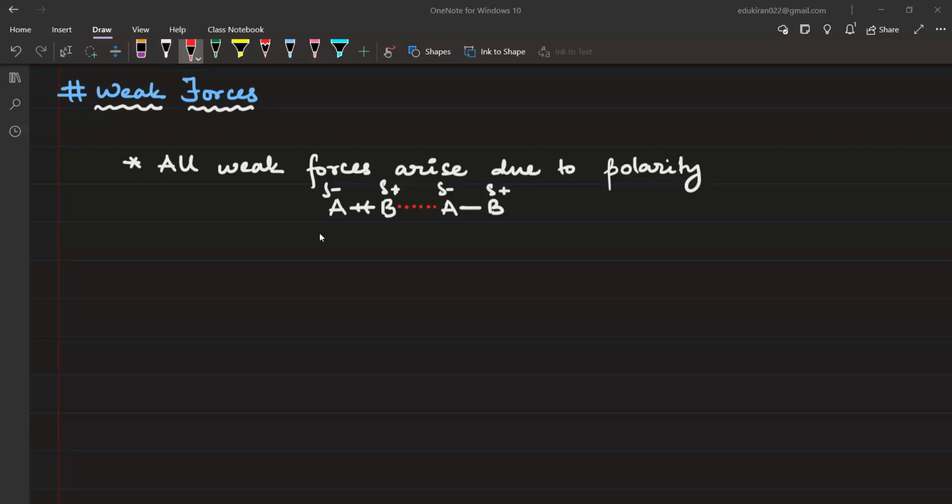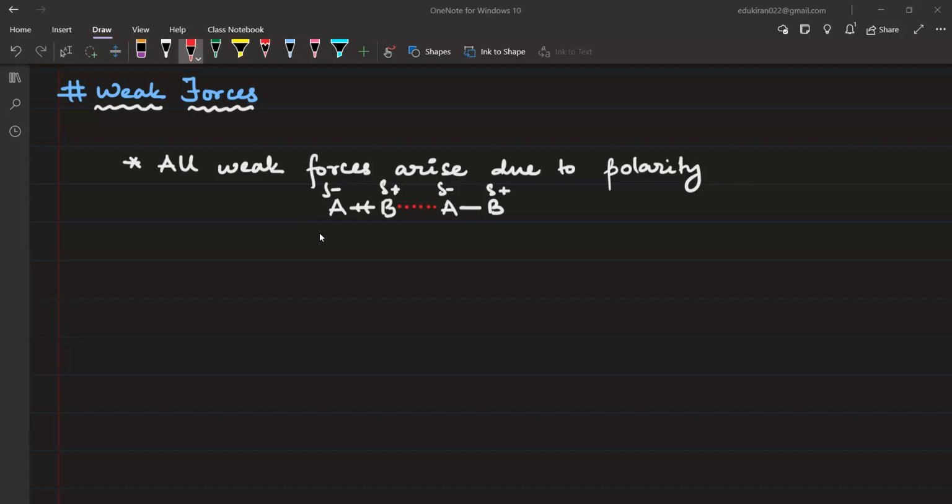Now, it would depend on the level of delta positive and delta negative that we have. If A is very electronegative, it will be highly delta negative. It will have a high partial negative charge, even though it is partial. They are not pure charges as in the case of cation and anion, but they have partial charges which are very high.